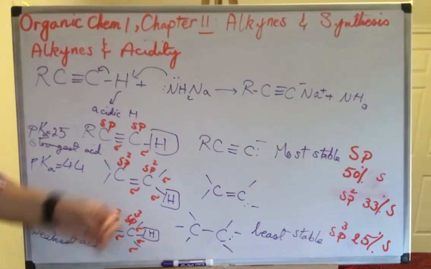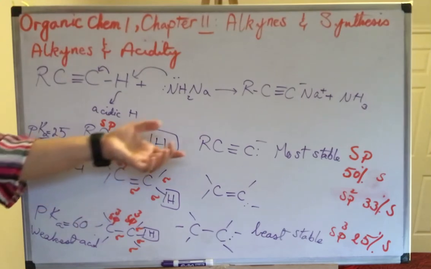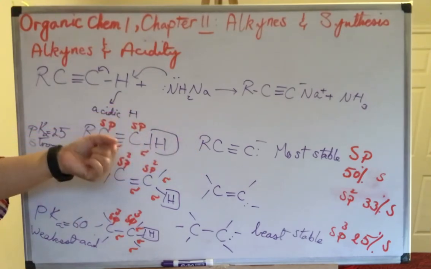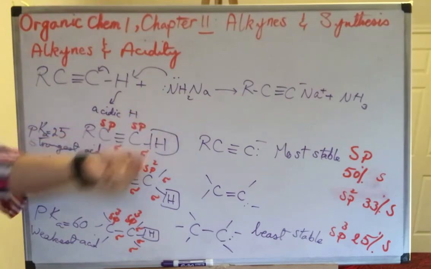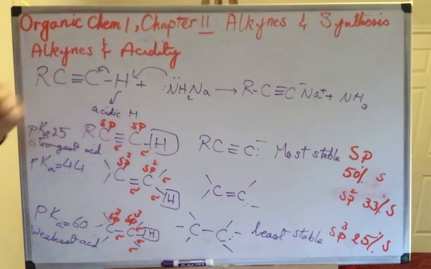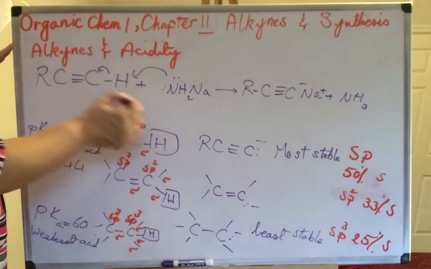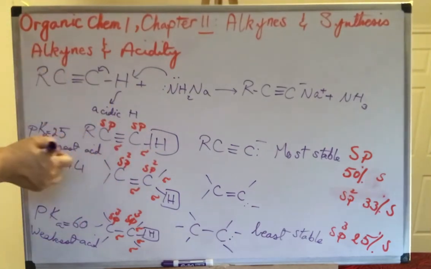Since the S orbitals are closer to the nucleus, they're lower energy than p orbitals, then this negative charge is more stabilized for alkynes. Still, alkynes, compared to acids or alcohols, are weaker acids, but compared to alkenes and alkanes, they are stronger acids.